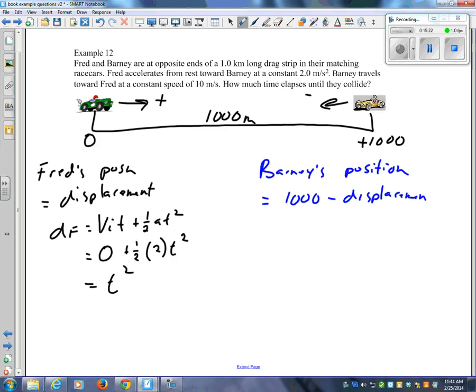If his displacement is 100 meters to the left, he is at position what? 900. If he goes 100 meters left, he's right here at position 900. It's the positions that have to be the same, not the displacements. Does that make sense? Positions have to be the same, not the displacements.